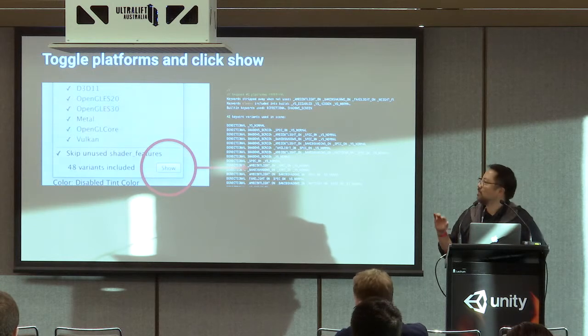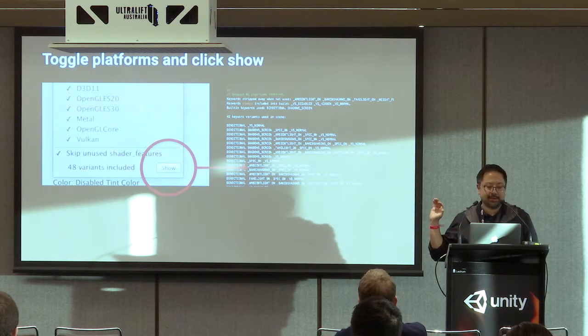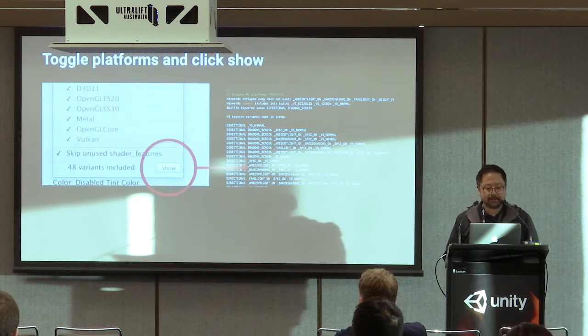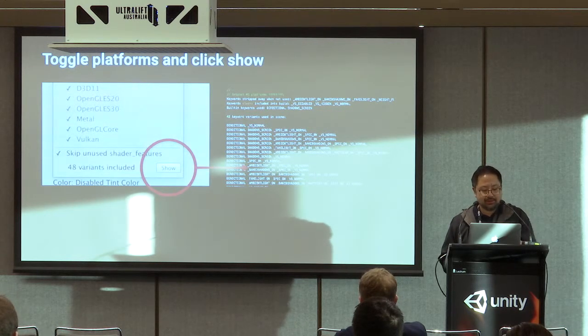You can see keywords stripped away when not in use. These were the keywords I put under shader feature. Then the next line says keyword always included in build. Those are the things I used with multi-compile. So it shows you a breakdown of everything that's being used.